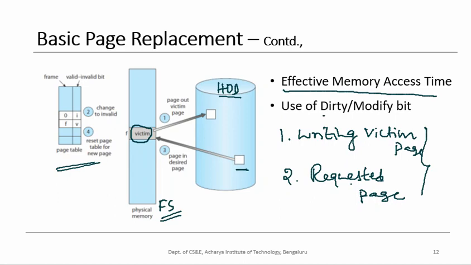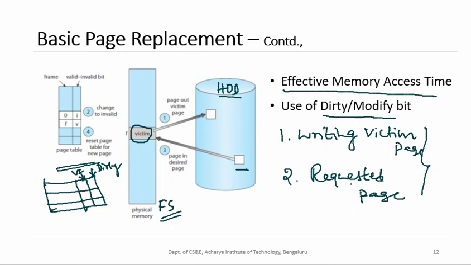We make use of a bit called dirty or modify bit. So in the page table, along with valid invalid bit, you can put one more bit. For example, if this is valid invalid bit, you can put one more bit and call that bit as dirty bit.